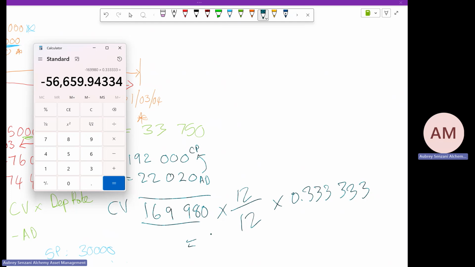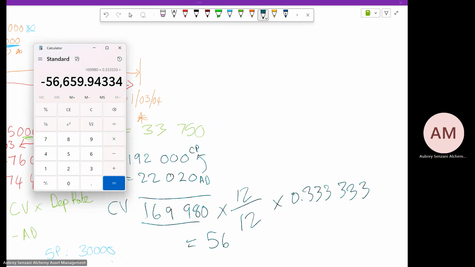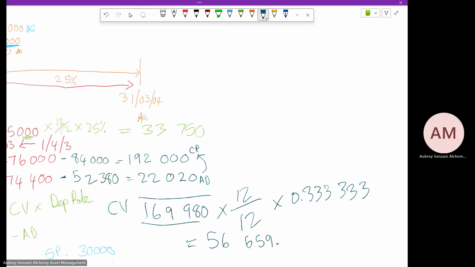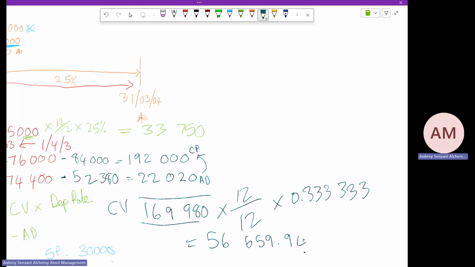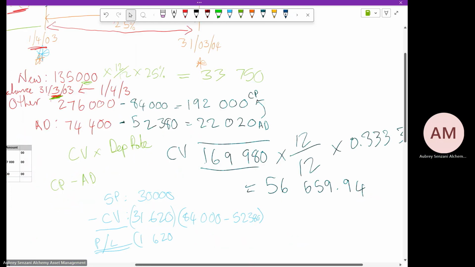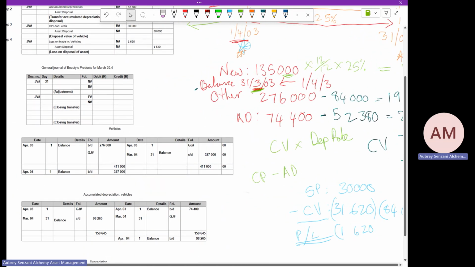So your depreciation on the other vehicles is 56.94.